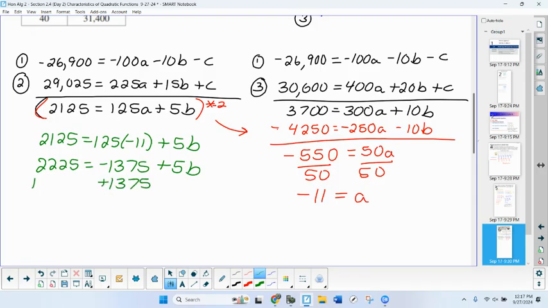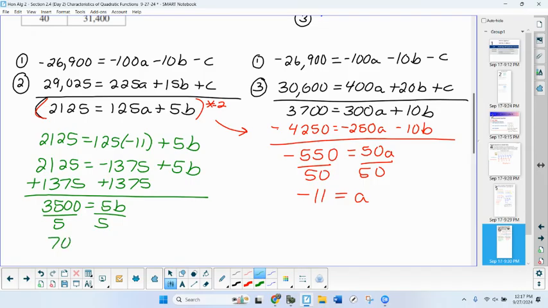Add it over. Oh, that's 2,125. Sorry, I brought that number down wrong. Okay, so plus 2,125. What'd you guys get? 3,500 equals 5B. Divide by 5. And what'd you get for B? 700. Jeez.